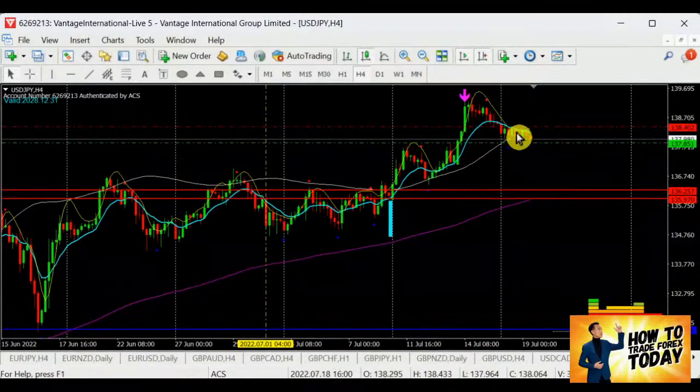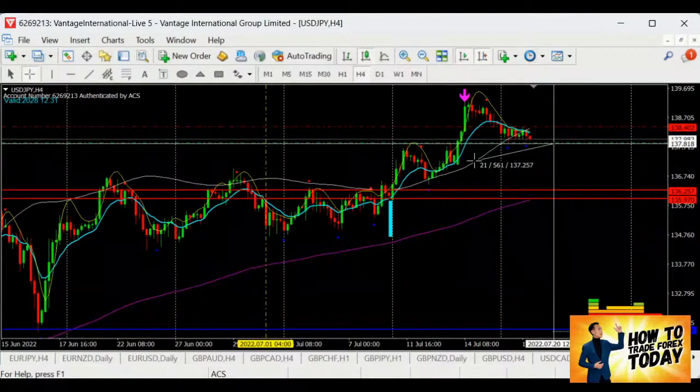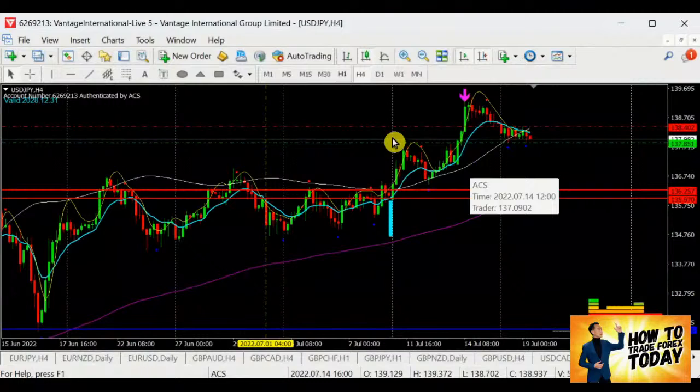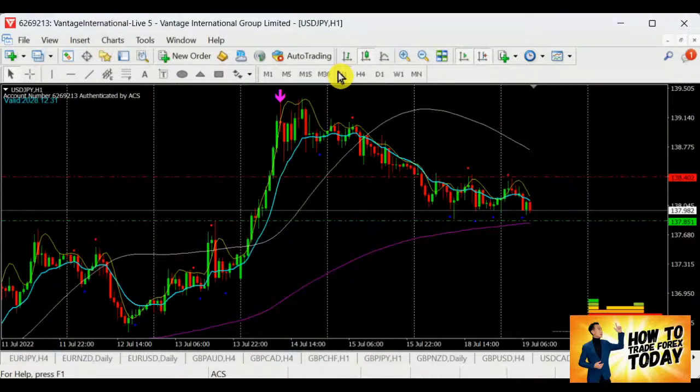If this breaks, then we have a selling below, and probably we can take a chance for about 60 pips. We have about 60 pips to go. Right now we have to wait for it to break the support first, then we will know where we are going. Dollar yen, we can pay attention to that, but not to enter now. Now is not the right time to enter.